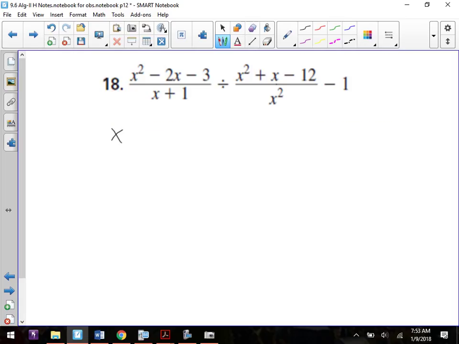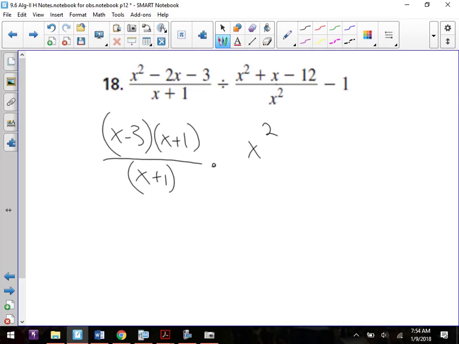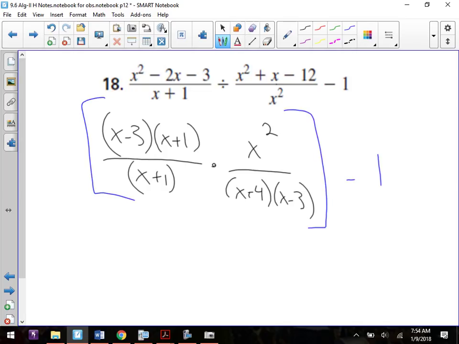So let's see, we have x minus 3, x plus 1, x plus 1, x squared, x plus 4, x minus 3. And we do this first, then we have to subtract 1.